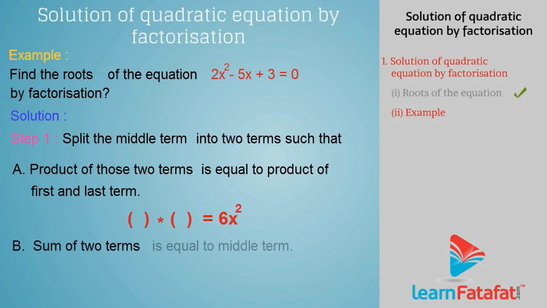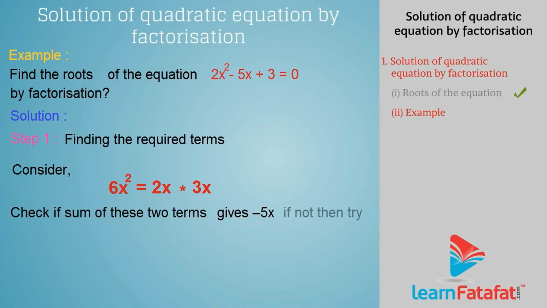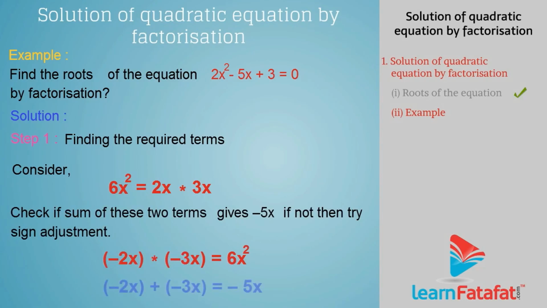Sum of two terms is equal to middle term. Finding the required terms. Consider 6x square and factorize it. We get two terms, 2x and 3x. Check if sum of these two terms gives minus 5x. If not, then try sign adjustment as shown below.